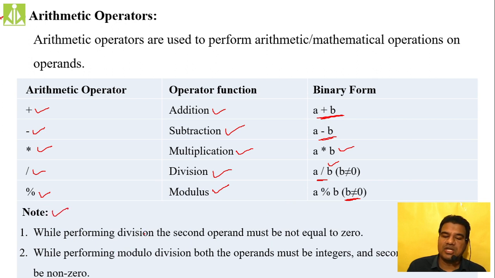Here I have given that note. While performing division, the second operand, that is B, must not be equal to 0. While performing modulo division, both the operands must be integers. That means you can't take real numbers over here. When you are taking the remainder, we should not take non-whole numbers, that is, real numbers.